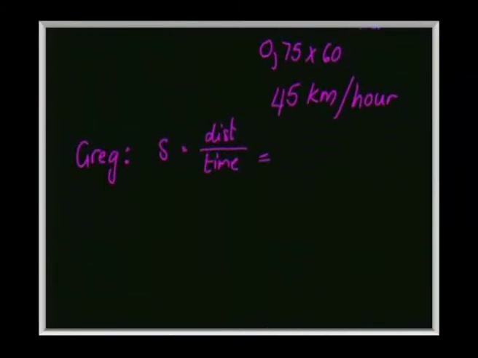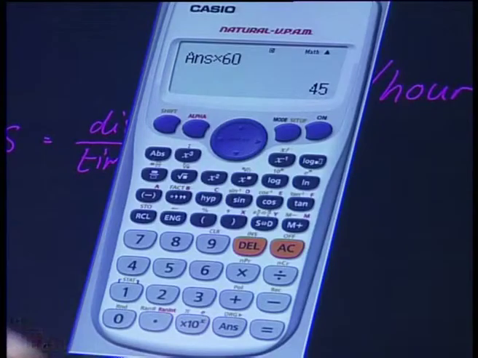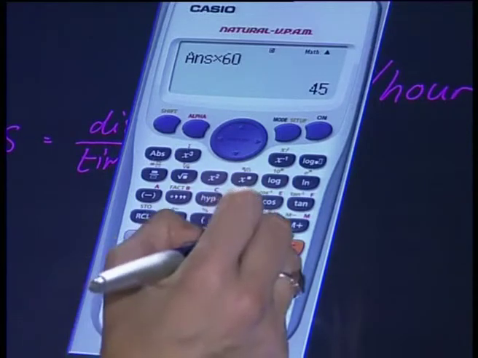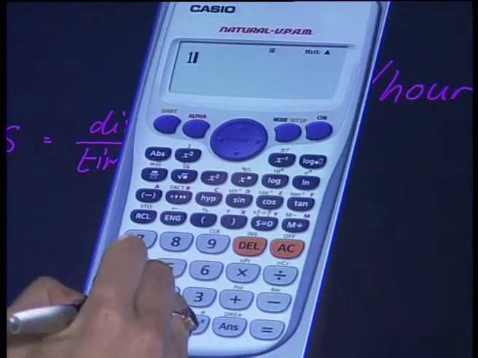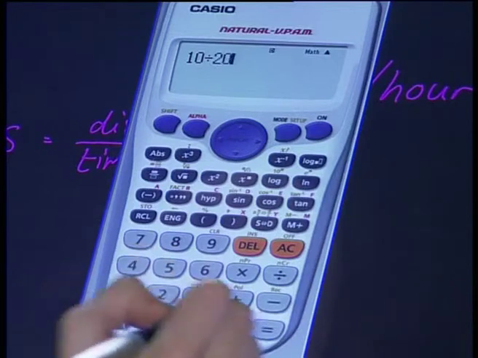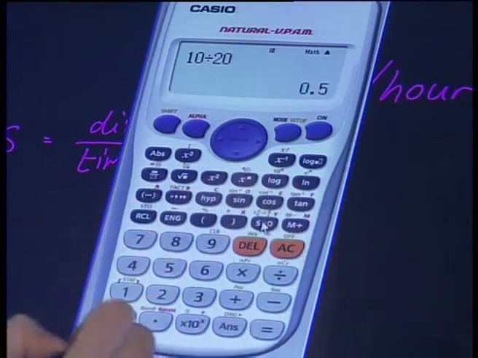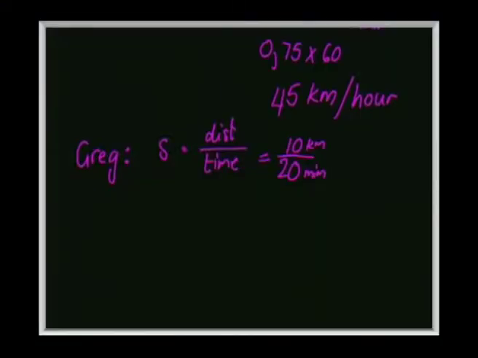So his distance was 10 and his time was 20. And not to confuse us, let us put in our units, kilometers and minutes. Right, let's have a look on our calculator. 10 divided by 20, and we get 0.5.